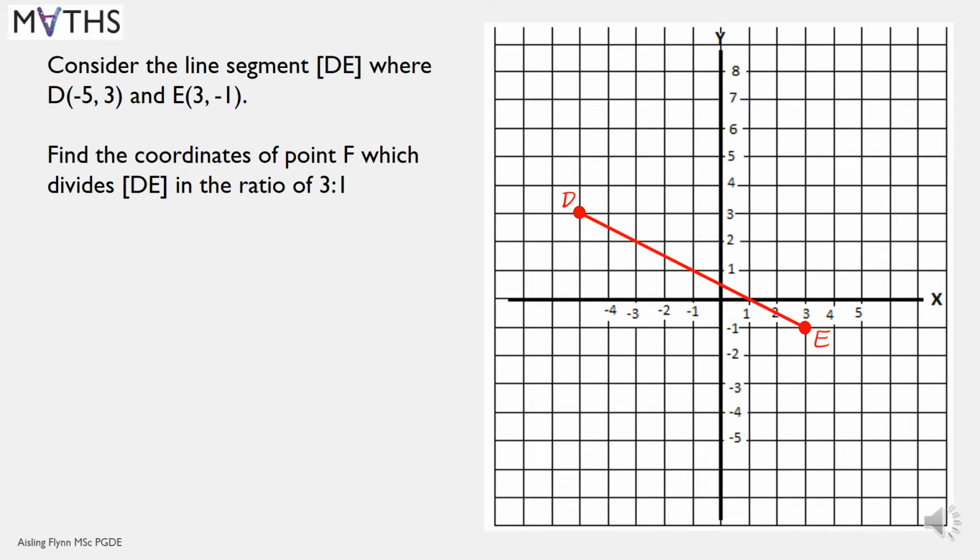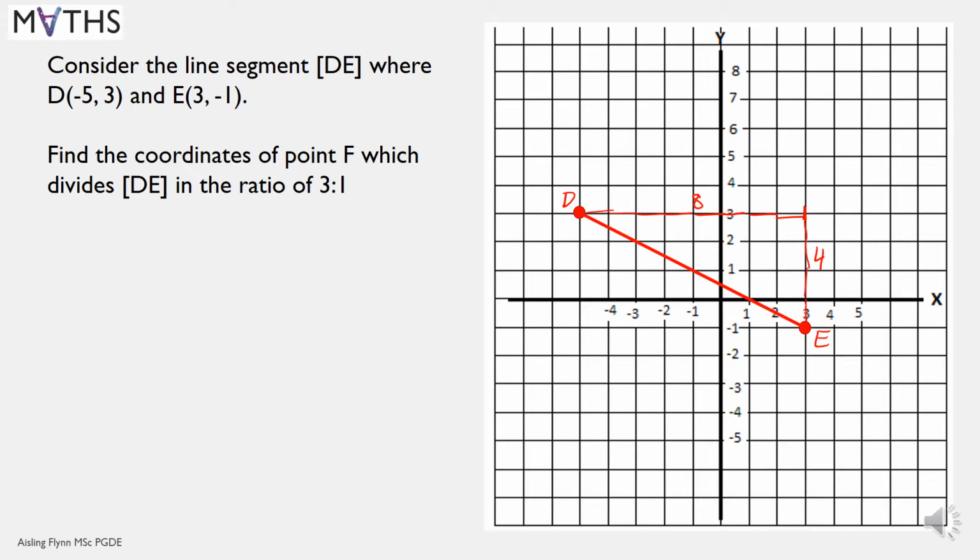So we can count the horizontal distance from D to E. That's what I'm doing here with my pen. 1, 2, 3, 4, 5, 6, 7, 8 till we're in line. So it's 8 across until we're in line with E. And the vertical difference between D and E is down 1, 2, 3, 4.